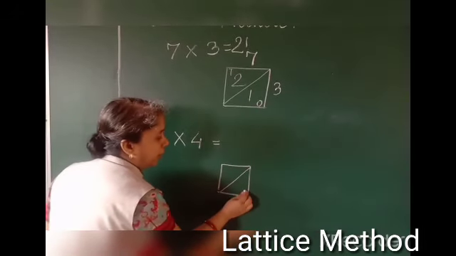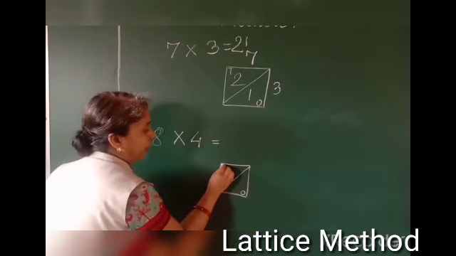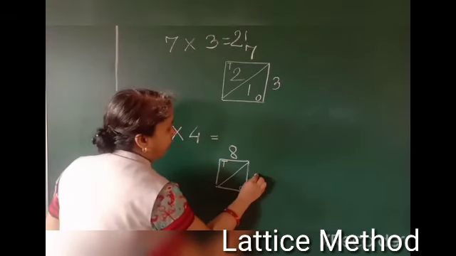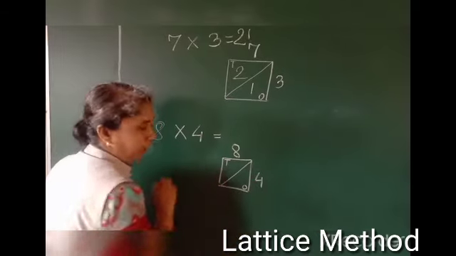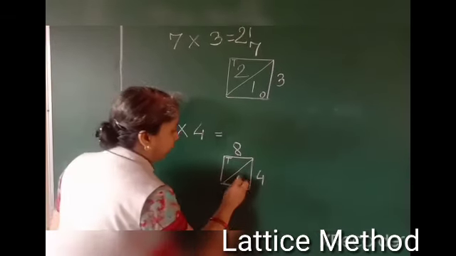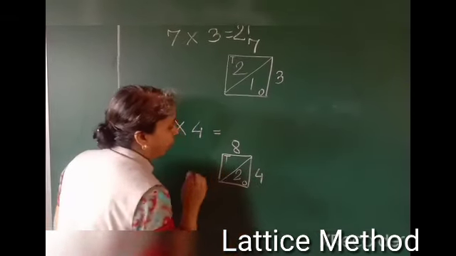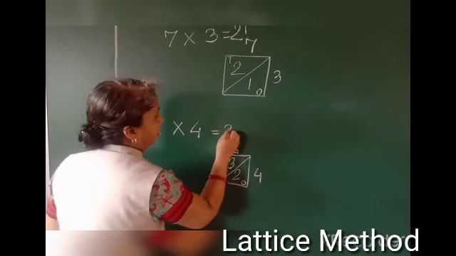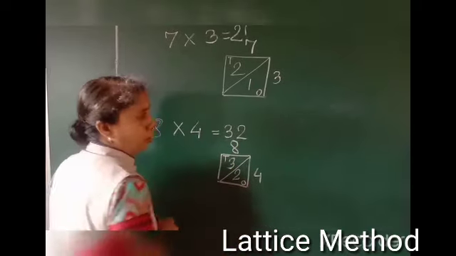This part will represent ones and this part will represent tens. Now I will write 8 here and 4 here. 8 4s is 32, so 2 will be written at ones place and 3 at tens place. So you can write this as 32.